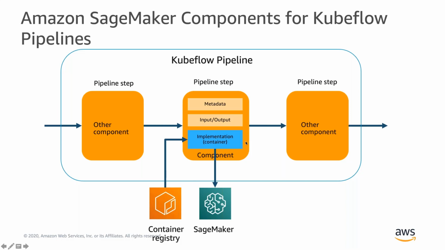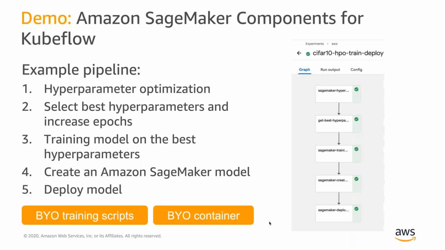So there's a components container that will take in your job description, say it's a training job or a hyperparameter optimization job, model hosting endpoint, inference endpoints, and so on. It'll then forward these requests to Amazon SageMaker, and SageMaker will do that particular step, but it's still part of your Kubeflow pipeline, so you can manage the workflow as part of the Kubeflow pipeline. With that, let's take a look at a demo.